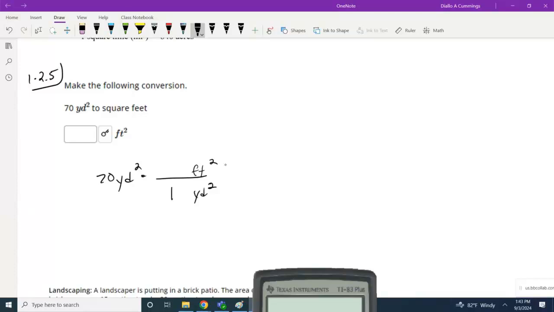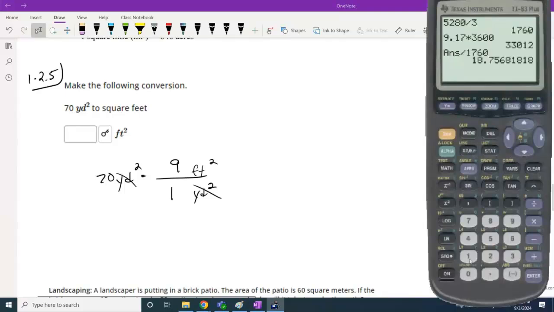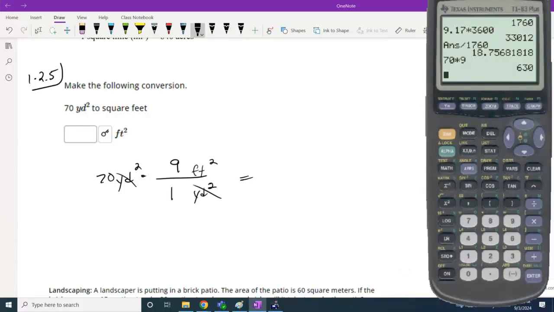So 1 square yard is 9 square feet. Once we multiply, our unit of yard square is going to cancel. 70 times 9, I believe that should be 630. So we should have 630 square feet.